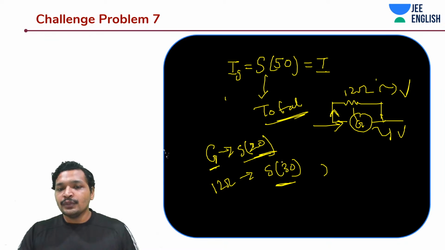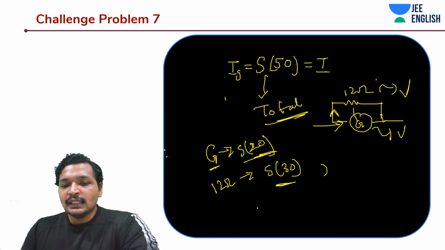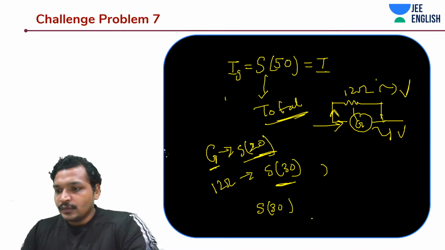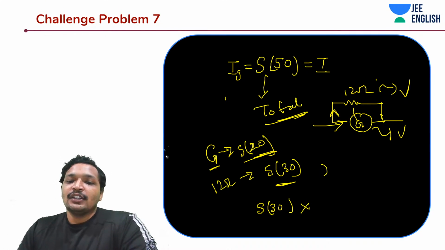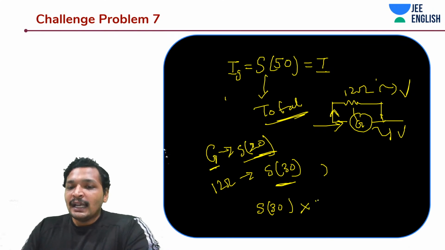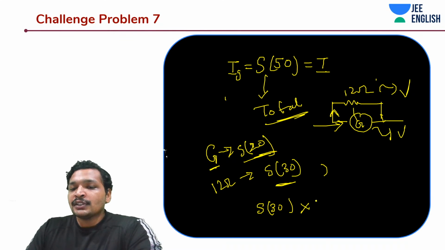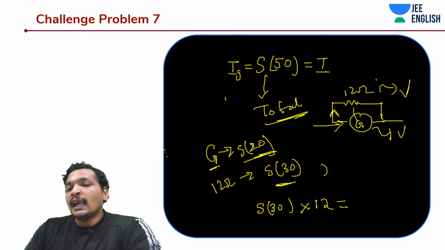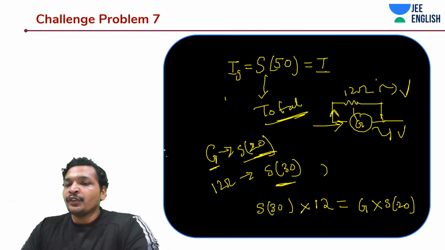So what would you do? You basically write it down as S into 30 passing through 12 ohms. And how much passes through the galvanometer? 20. We already know it's 20 divisions.